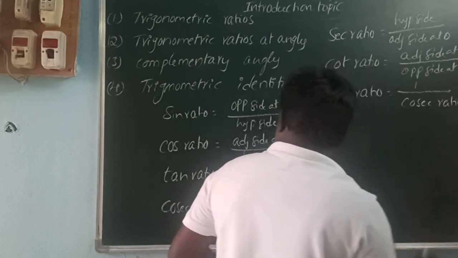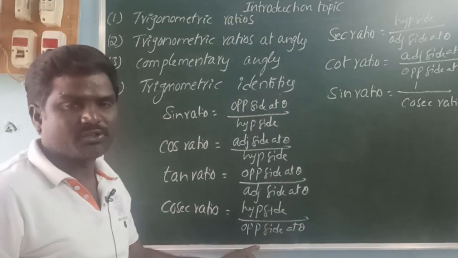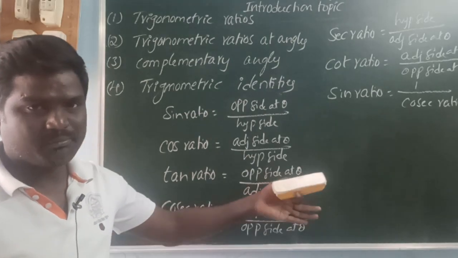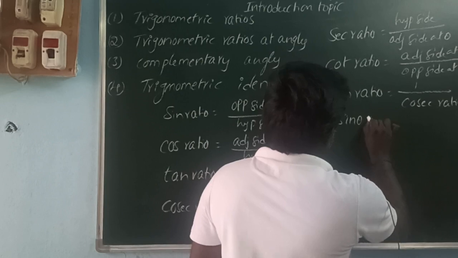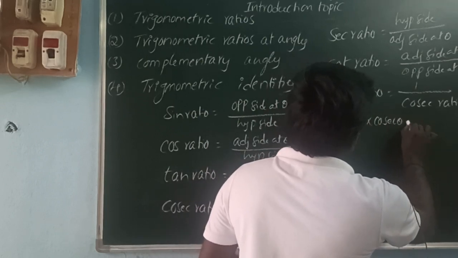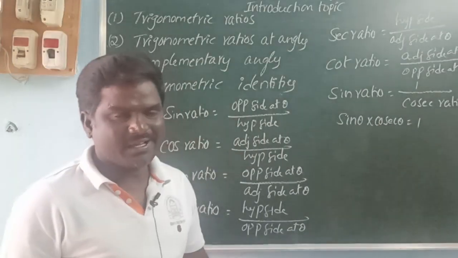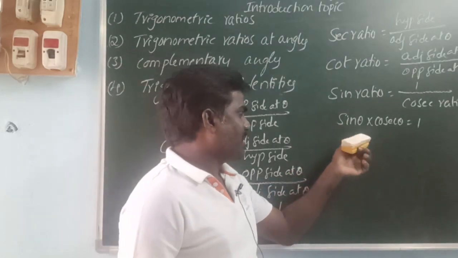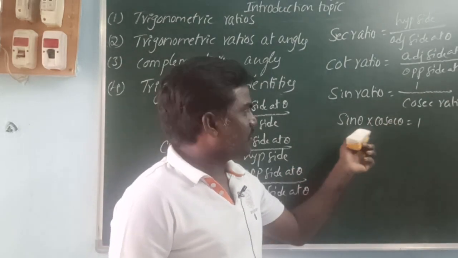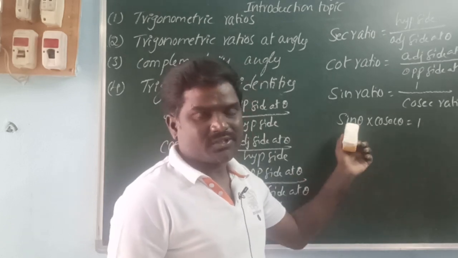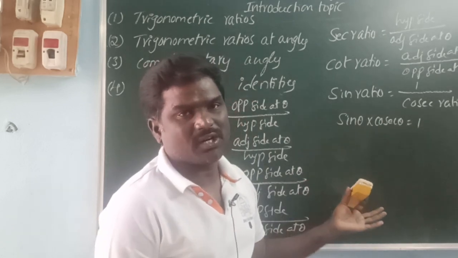Cosecant is hypotenuse by opposite, the fraction becomes reciprocal. So sin theta into cosecant theta is equal to 1. So sine is the reciprocal of cosecant, cosecant is the reciprocal of sine.